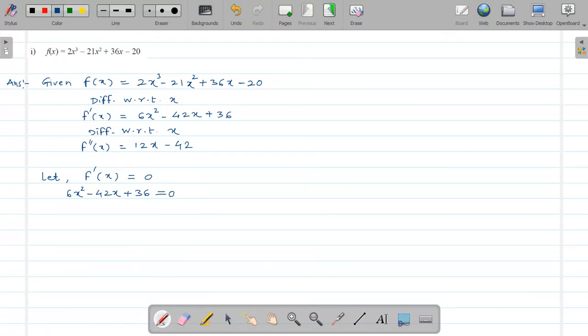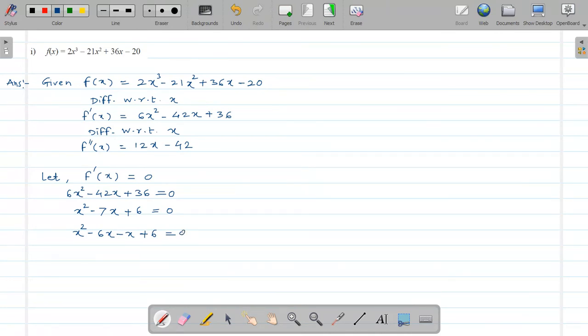Now if you observe this quadratic equation, you can divide it by 6, and hence you will get x square minus 7x plus 6 is equal to 0. Now just solve this equation by splitting the middle term, and then you will get the values of x. So see, x square minus 6x minus x plus 6 is equal to 0.